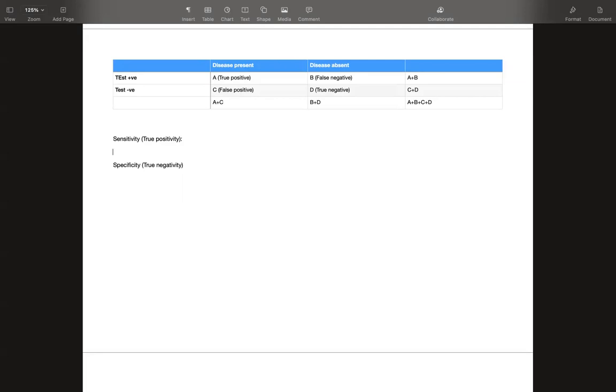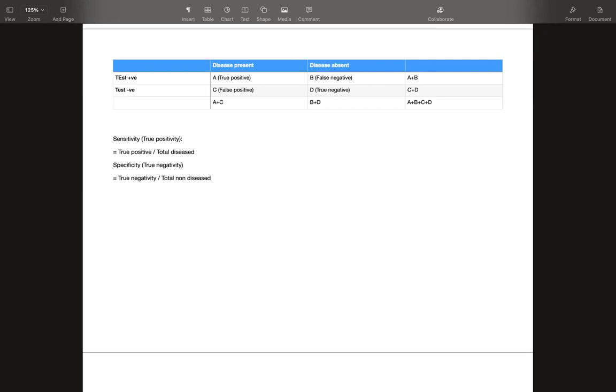Now let's first discuss sensitivity, which is true positivity. How would you calculate the sensitivity? The formula for sensitivity is the true positive divided by total diseased. And for specificity, how specific you can say a test is in diagnosing the disease, it is basically true negativity divided by total non-diseased or disease absent.